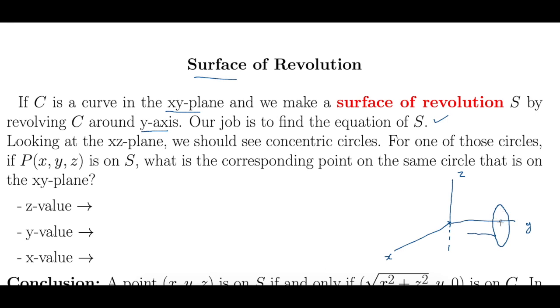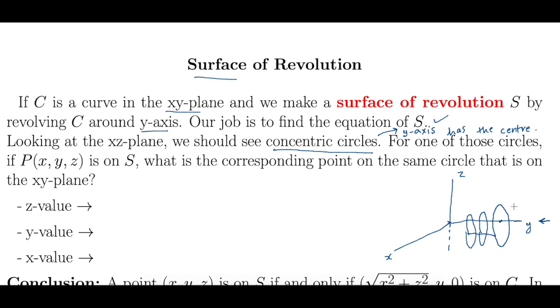If you see it from here, then you will see circles. You will see circles for which the y-axis is the center. Don't worry about the drawing here. We will see concentric circles, and the y-axis is the center for all of them.